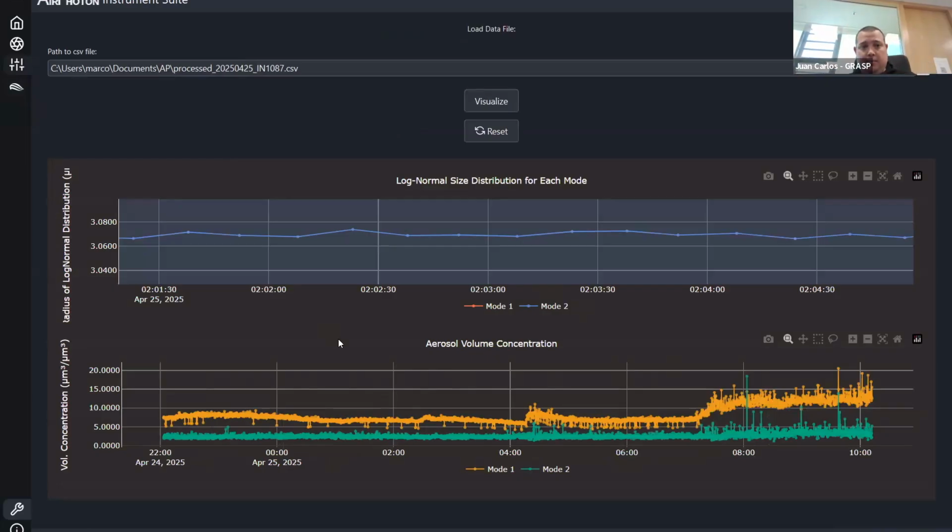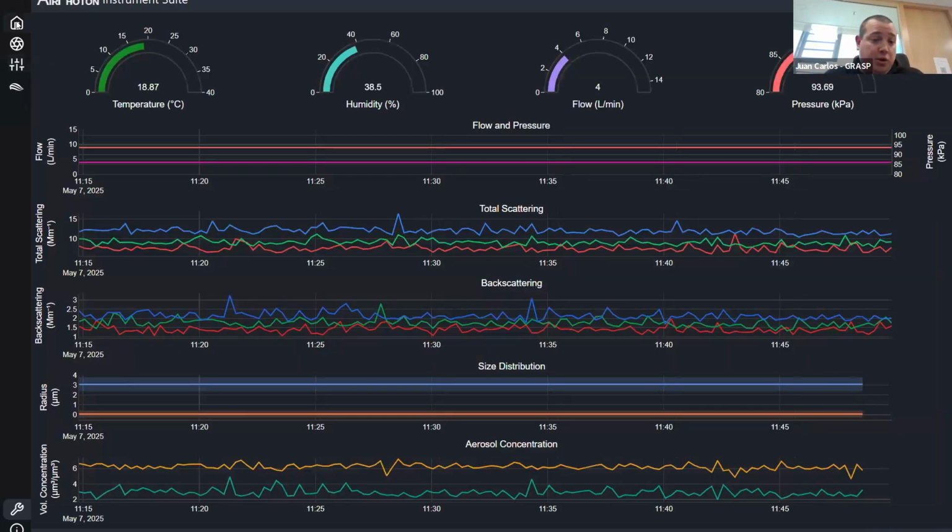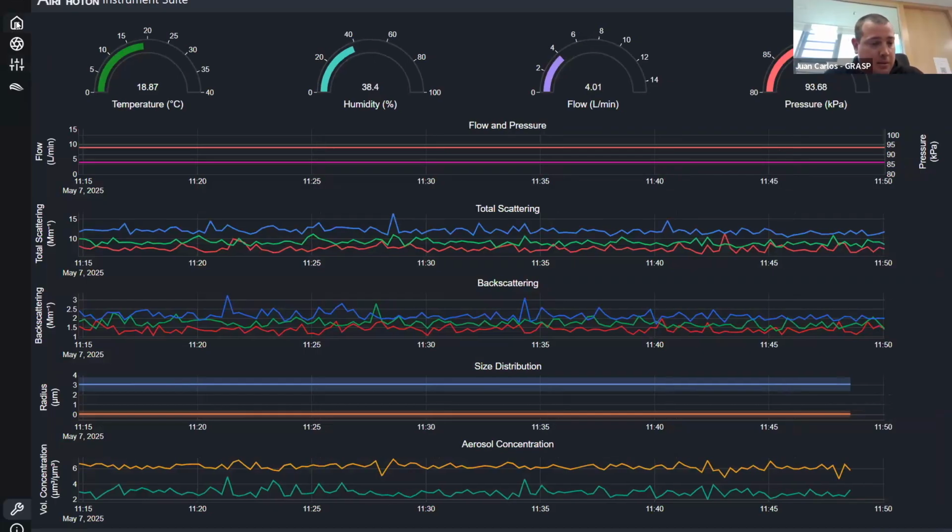The idea behind this is the AirPhoton instrument suite, to include every AirPhoton instrument and have the processing with GRASP. This is related with the software that is under development, but we are working to have a first stable version for release very soon.